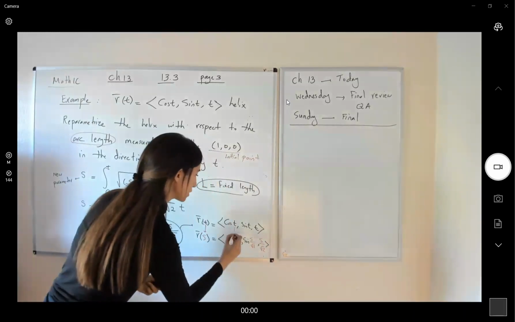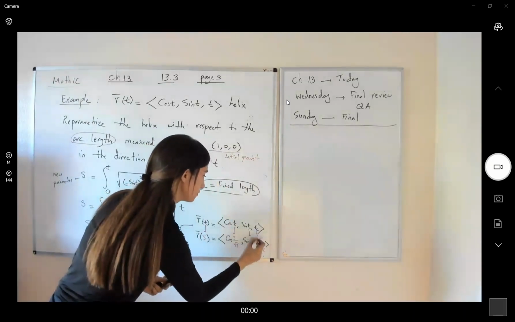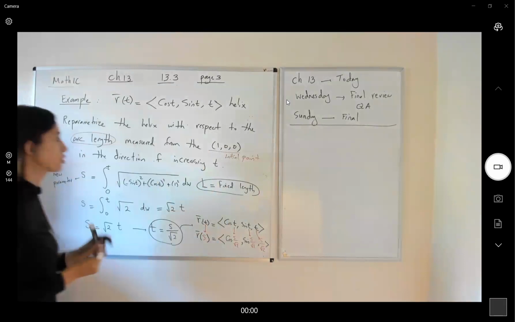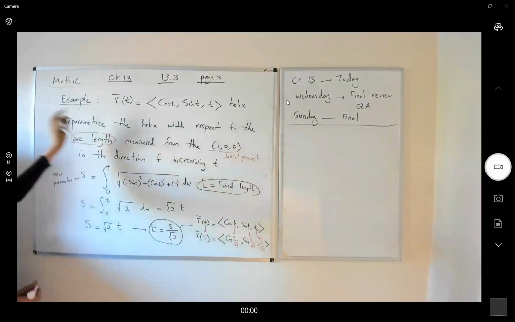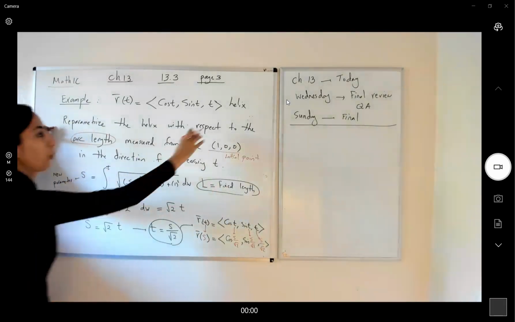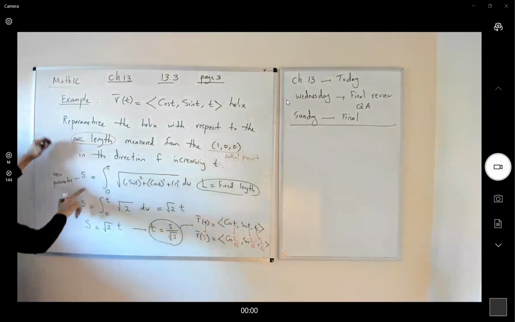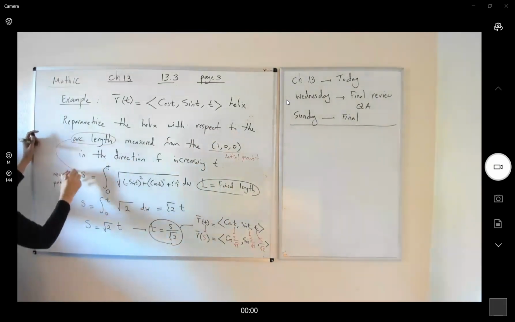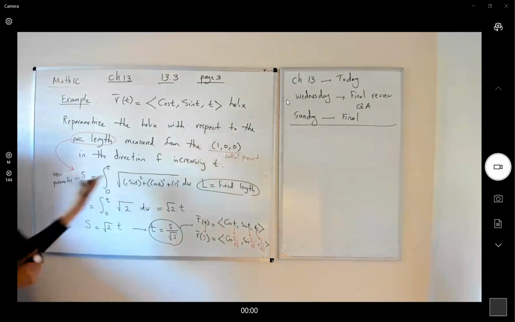This is your parameterization. So if the question says reparameterize with respect to arc length, you're going to use the arc length formula, the integral.